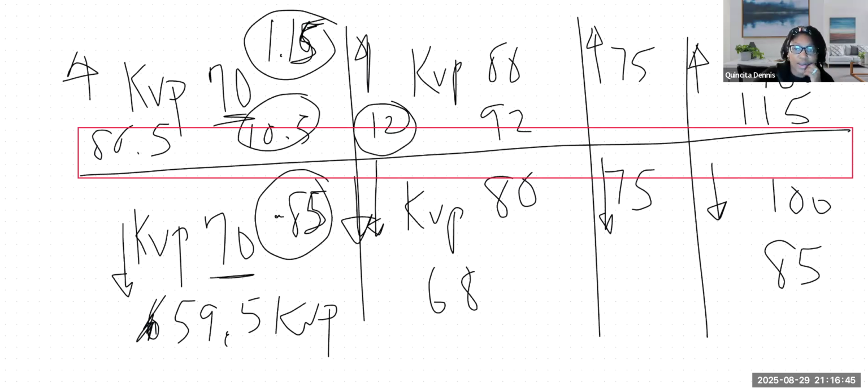All right, the last one is 75. 75 times 0.15 gives us 11.25. All right, and we can take it away or add it. So 75 times 1.15 if we're doing it the other way.